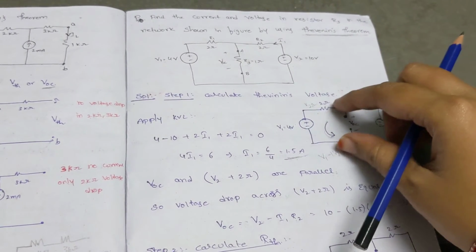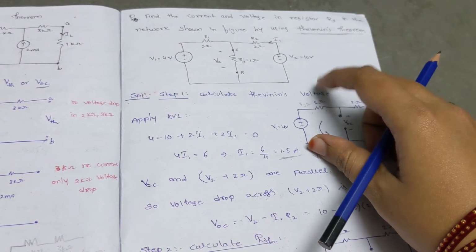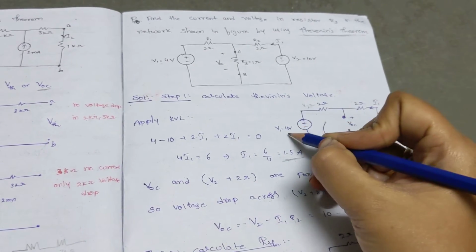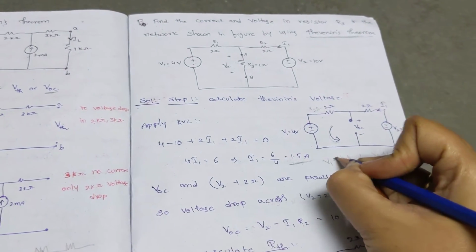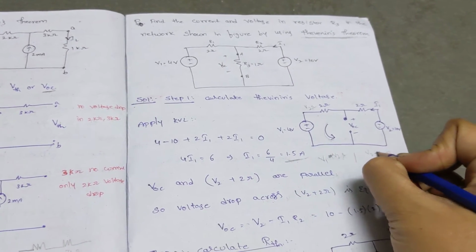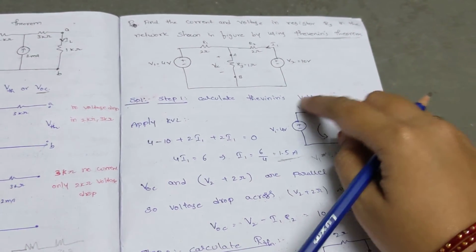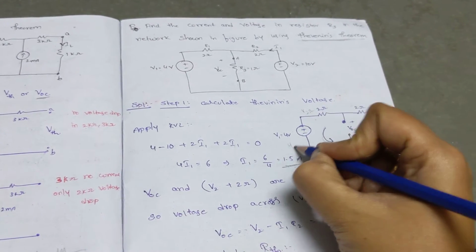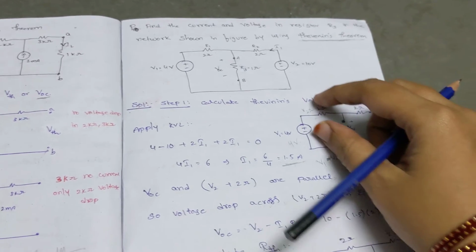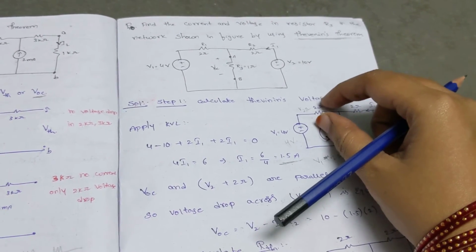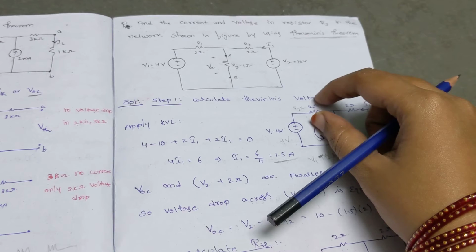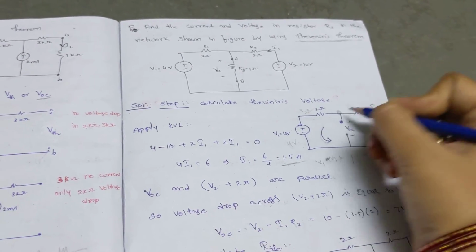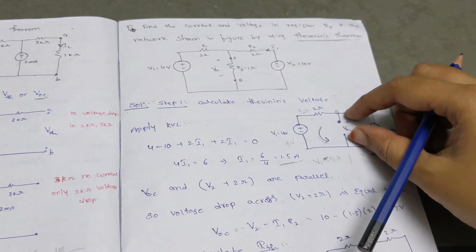VOC is nothing but whatever voltage appears across your terminals. If it is a source, I consider it positive, but this is a drop. That means in the 4 volts, a certain voltage is dropped across this resistor, and the rest of the value will appear across your VOC.